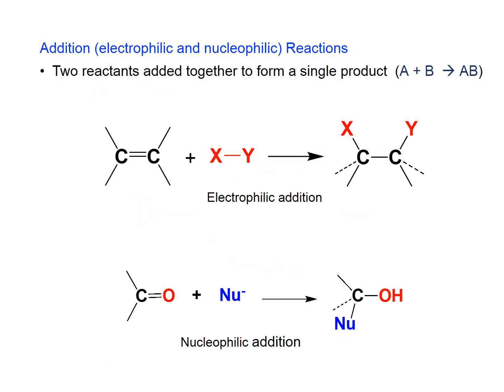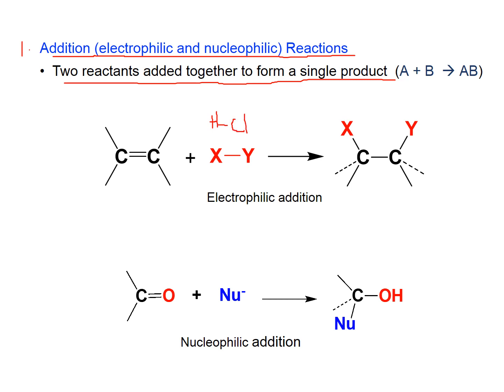Okay. It goes to the reactions pula. So addition, electrophilic or nucleophilic reactions. This is the first organic reaction kat sini. So two reactants added together to form single product. Alkene jumpa dengan XY, example HCl.